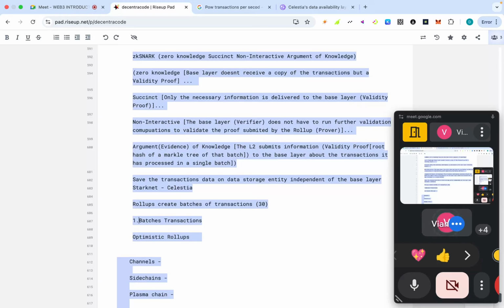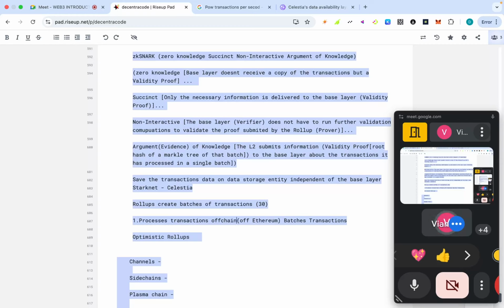One, processes transactions off-chain. By off-chain, in this case, I mean off the base layer, off Ethereum, perhaps. Let me be specific.